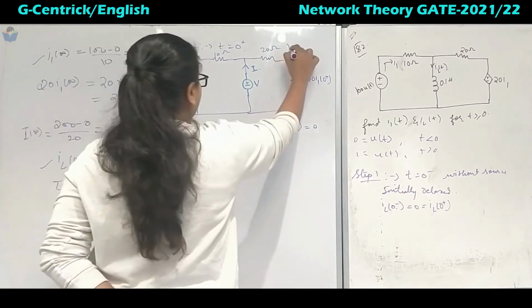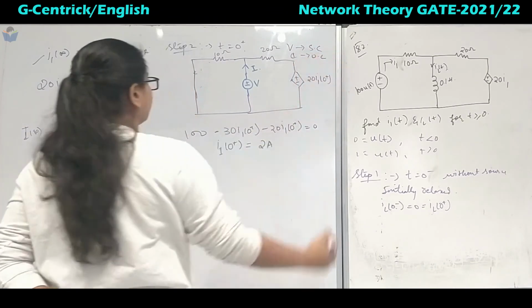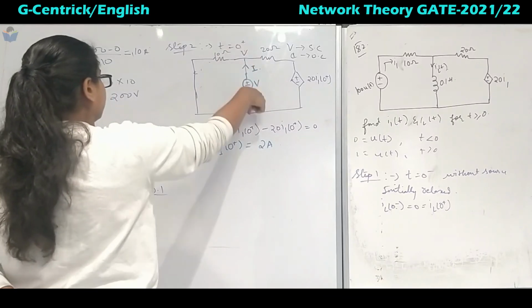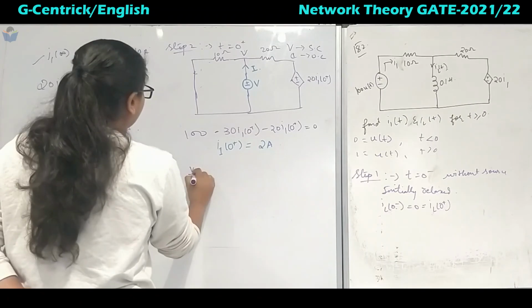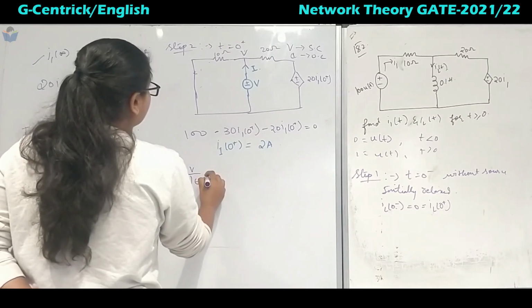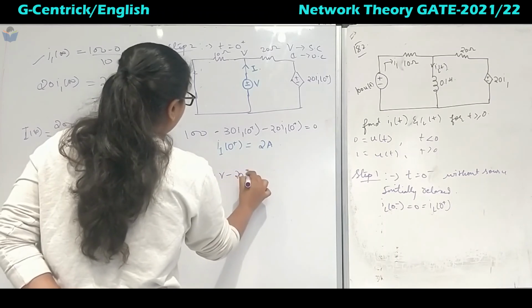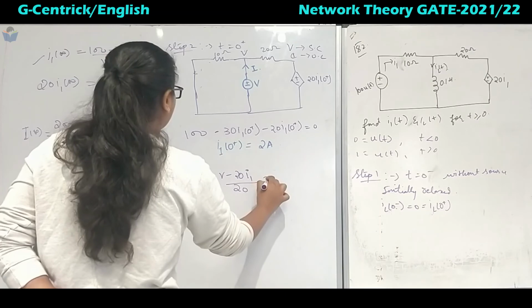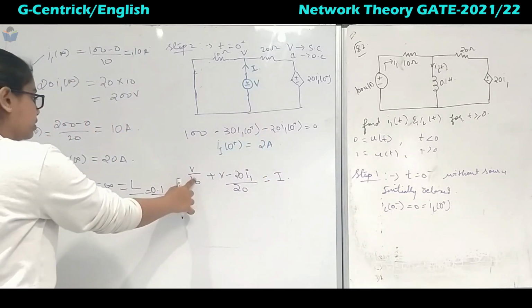Inactivate the independent voltage source, short circuit; current source, open circuit. Now only one voltage source is present, so V will appear here. So it will be V over 10 plus V minus 20 I1 divided by 20, equal to the incoming current, that is I.